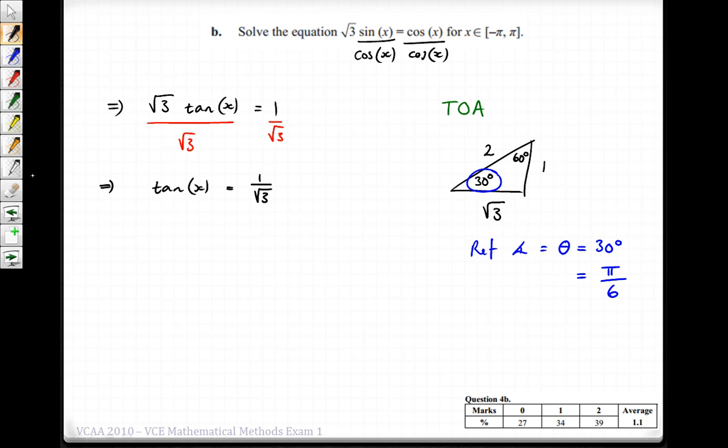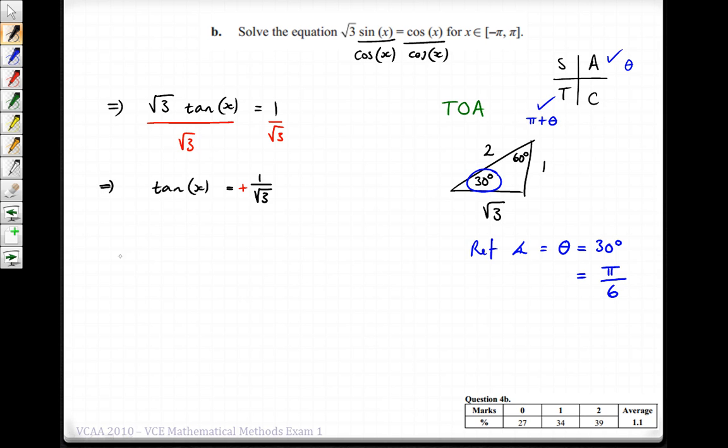Now all we need to do is work out when tan is positive, because technically there's a little positive sign there. For this we use our CAST model, and this tells us that tan is positive in the first and the third quadrants. So the symmetry here is just theta and pi plus theta.